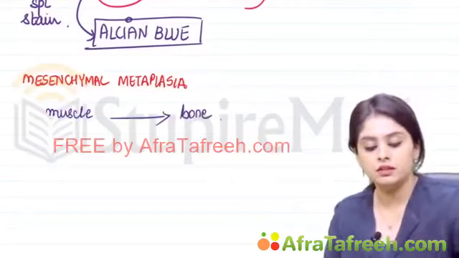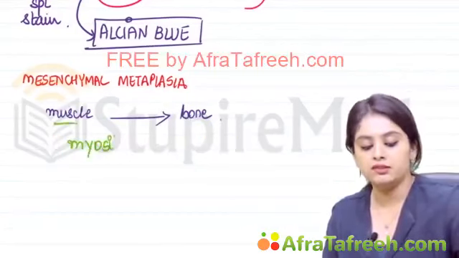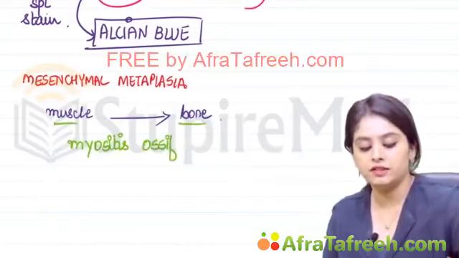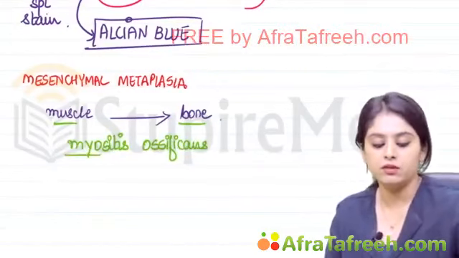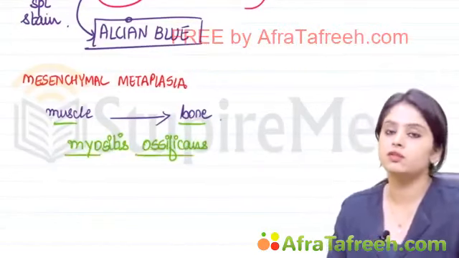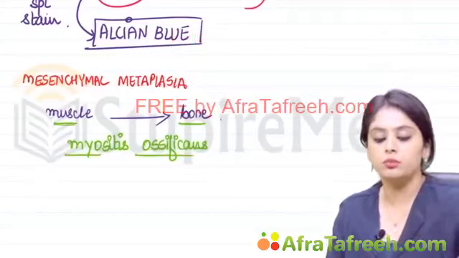What would you call it? Myo for muscle, myositis, and for bone, this will be ossificans. Myositis ossificans. So myo for muscle, ossificans for bone. So you will always remember myositis ossificans is muscle changing to bone.